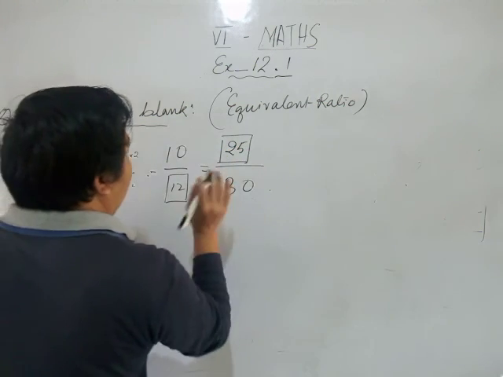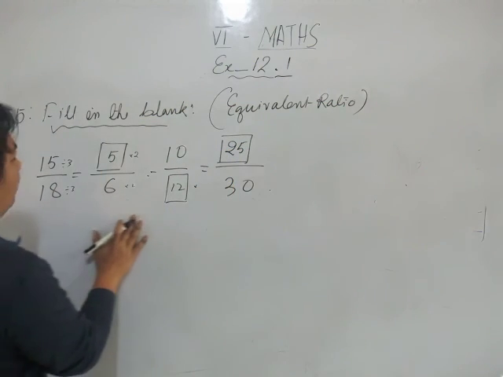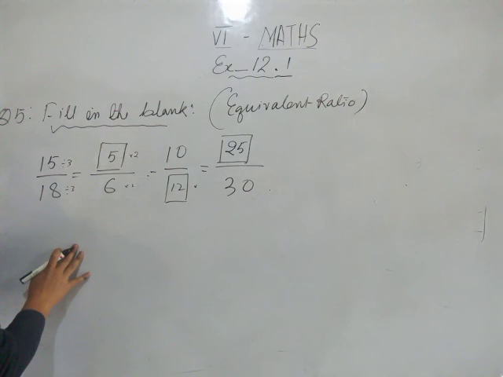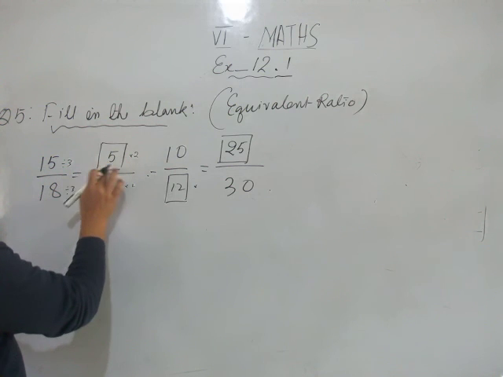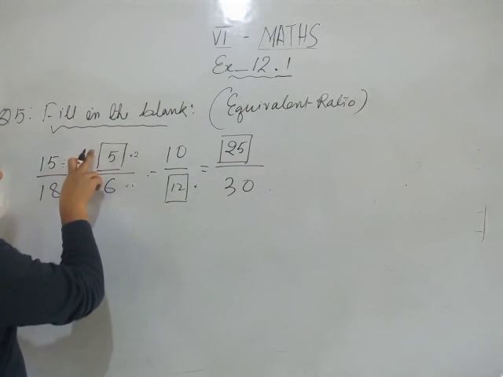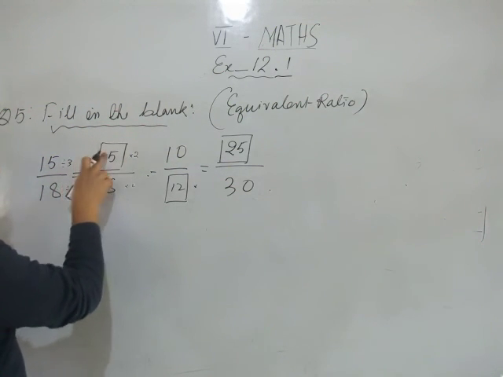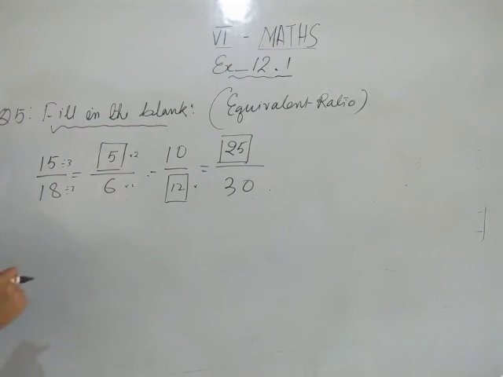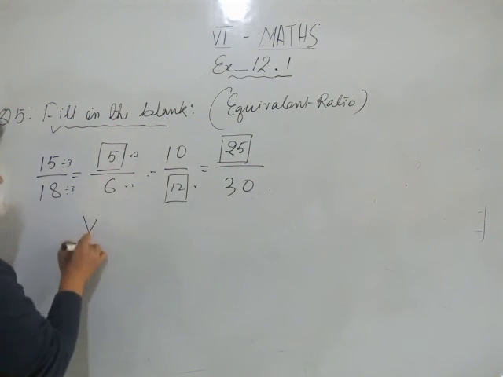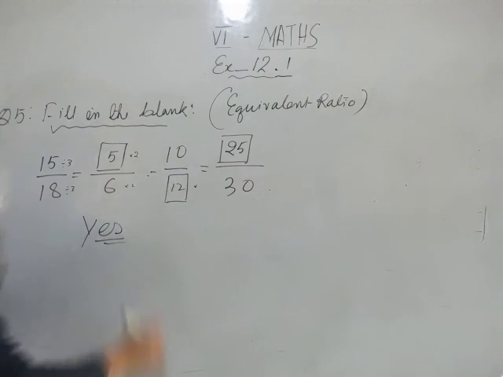Okay, clear? The question asks whether they are equivalent ratios. Yes, they are all equivalent ratios, because the lowest form of the ratio is 5 is to 6. All will give 5 is to 6. So yes, they are equivalent ratios.